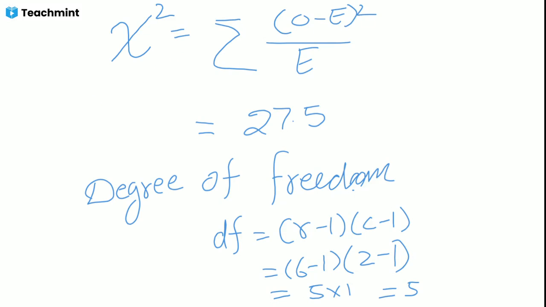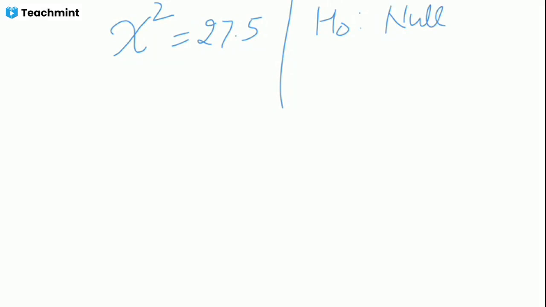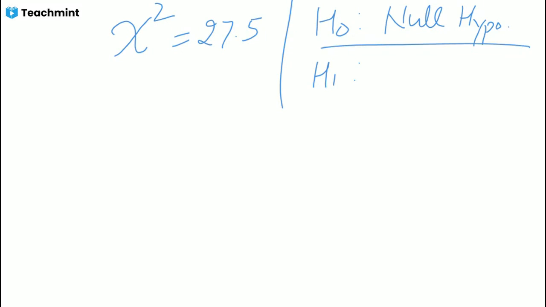For example, if you have a chi-square value like 27.5, and this is for H0 using this condition, the null hypothesis. Sometimes they'll give you the null hypothesis, and for H0, if we do not accept it, then we'll take the alternative hypothesis.